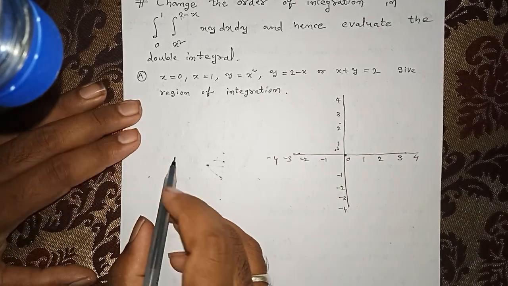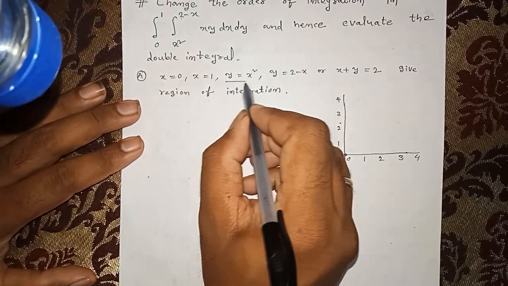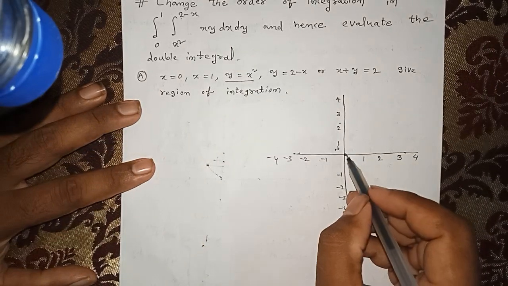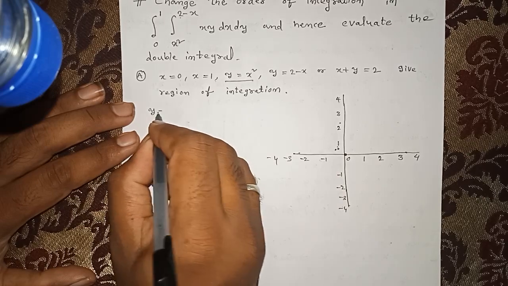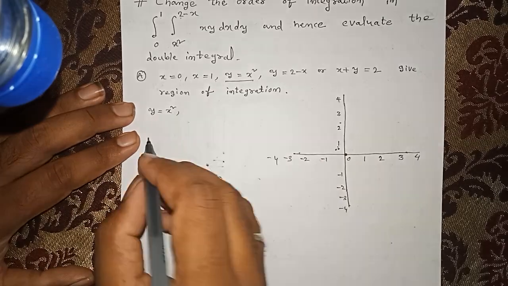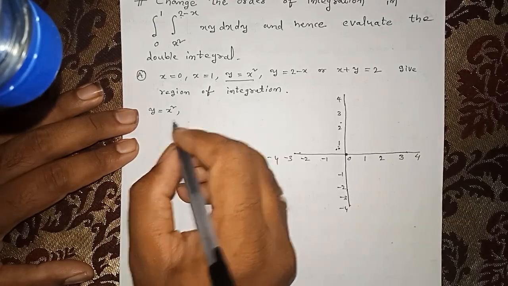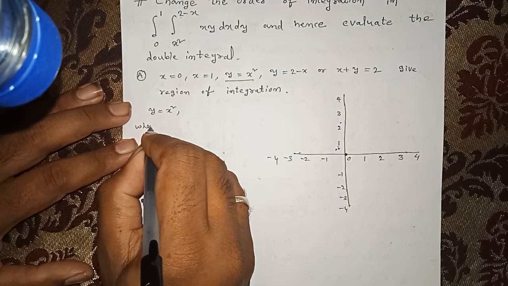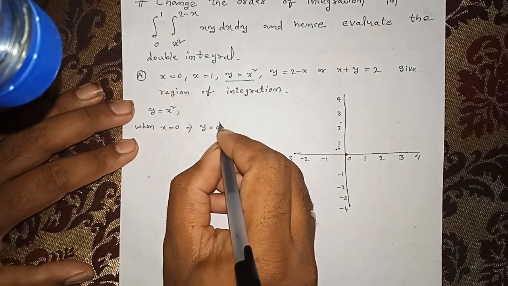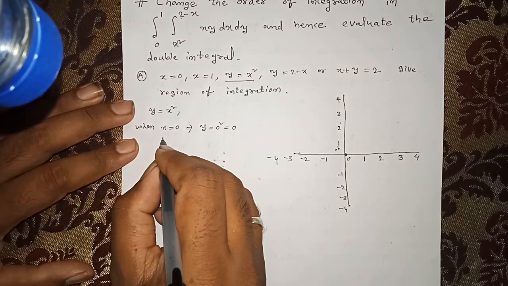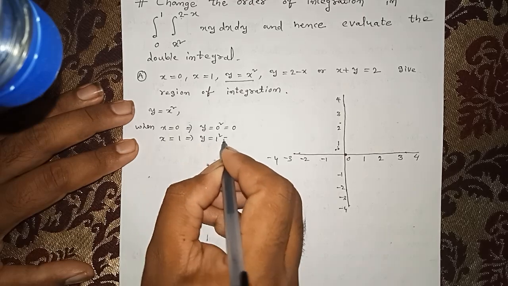Now we have to draw the curve y is equal to x square in this xy plane. Corresponding to y is equal to x square, the points are given by: when x is equal to 0, y value is 0 square is equal to 0. When x is equal to 1, y value is 1.